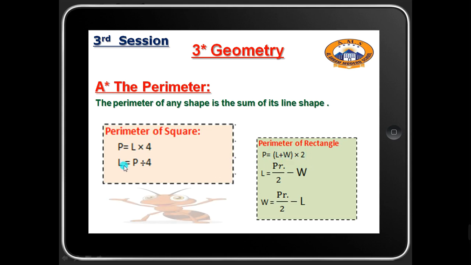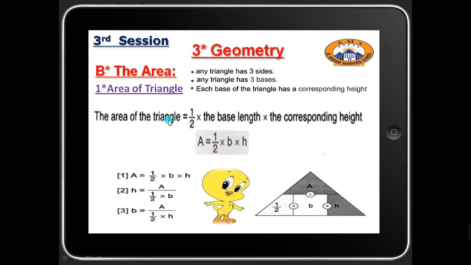So what if I want to remember the rule for the area of the triangle? We studied that the triangle is one of the polygons that has 3 sides and 3 bases. Each base of the triangle has a corresponding height. For example, if I have this triangle and I draw a line segment that joins the vertex with the corresponding base, we call it the height of the triangle.